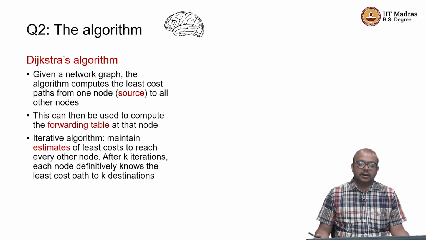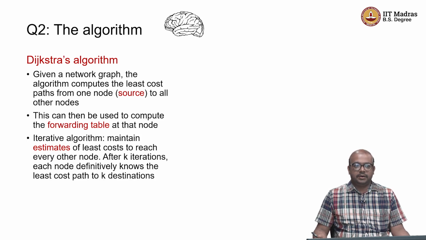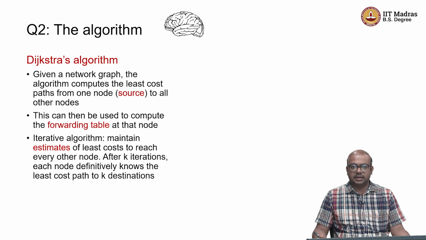This is an iterative algorithm. All of you have taken some amount of data structures and algorithms classes where you are taught graph algorithms, I guess, right, at least the shortest path. So, you know that it is an iterative algorithm, and at every step we maintain the least cost path to some of the nodes, right.